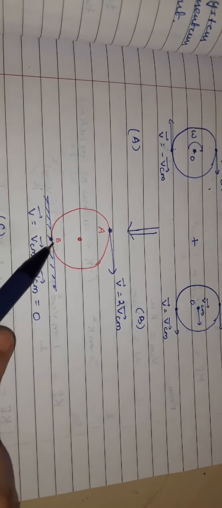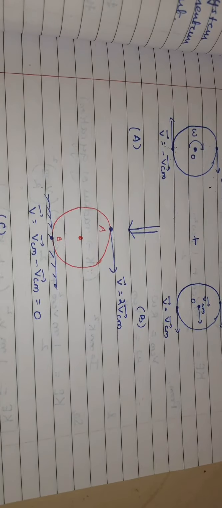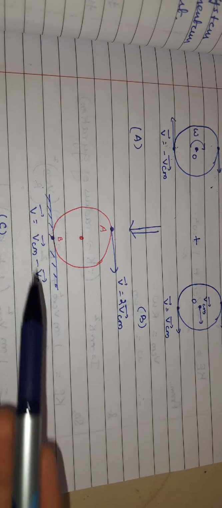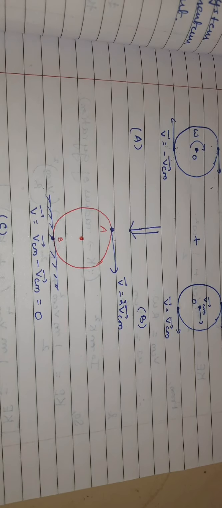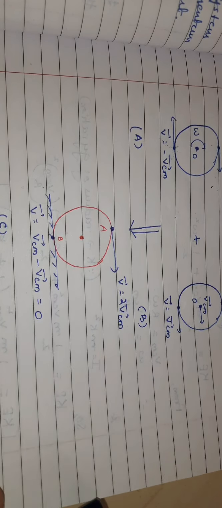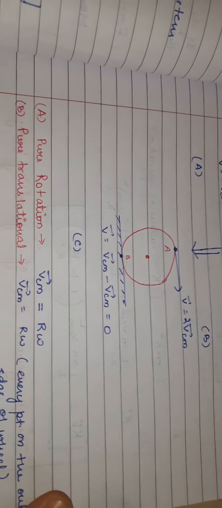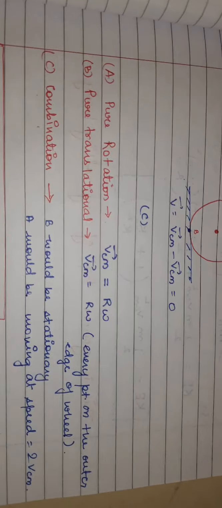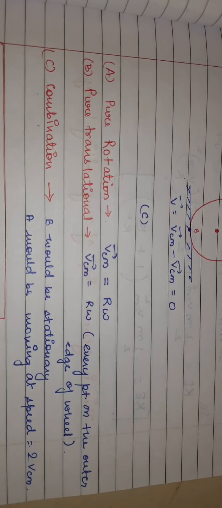So the point at the bottom has traveled with zero velocity, meaning it is not moving with any velocity at that instant.